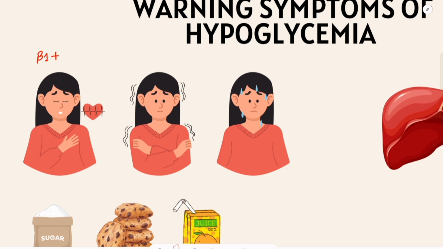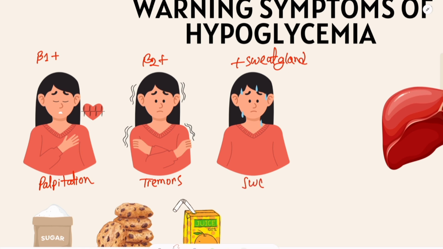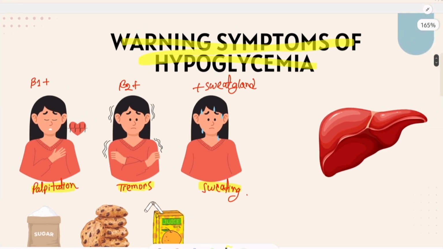And when severe tachycardia occurs, it can lead to palpitation. Stimulation of beta 2 receptor will lead to tremors, and stimulation of sympathetic cholinergic fibers in the sweat glands leads to sweating. So when a person develops sympathetic overactivity, as in the case of hypoglycemia, the person will develop tachycardia, palpitation, tremors, and sweating. These are called warning symptoms of hypoglycemia.